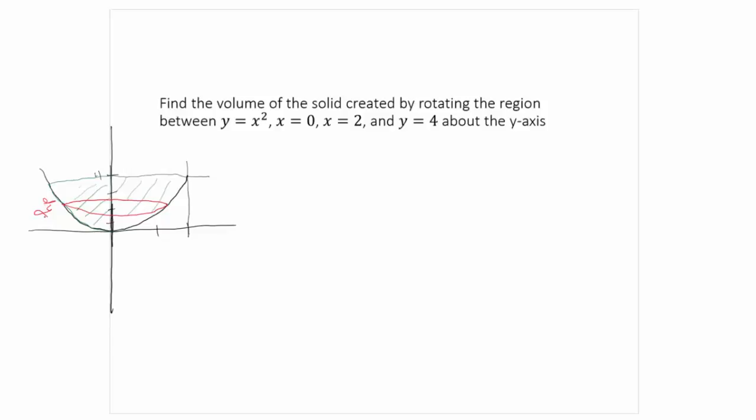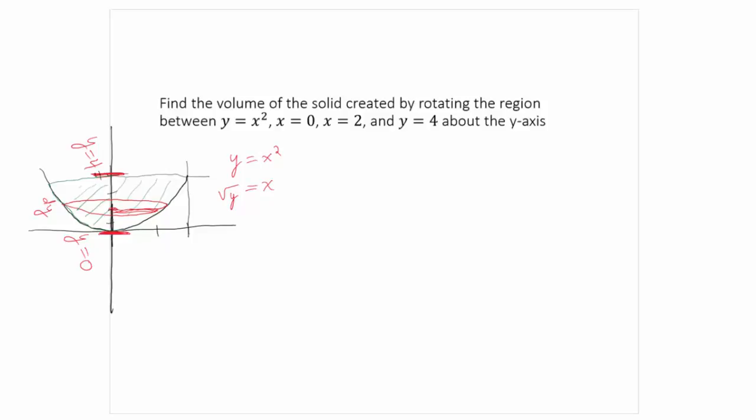If I've got a dy, I need to think in terms of y. So I'm thinking from y equals 0 to y equals 4. And now I would need my radius, in terms of y as well. And so if y equals x squared, then x would be the positive square root of y.